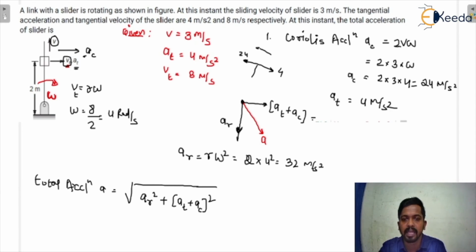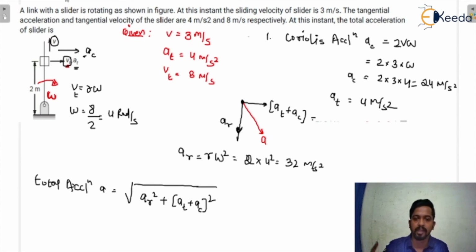So finally the acceleration would come in that direction, and that is 20. Like that we have to consider the direction, and then decide whether to add them or subtract them. Because they are both in the same direction here, we can add up, and you put the values in that equation to get the final answer.